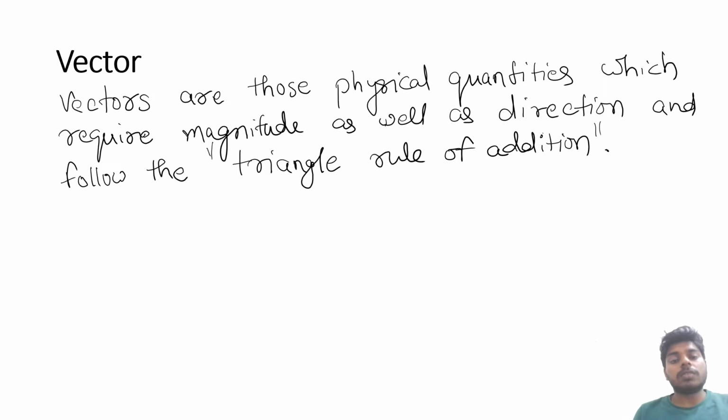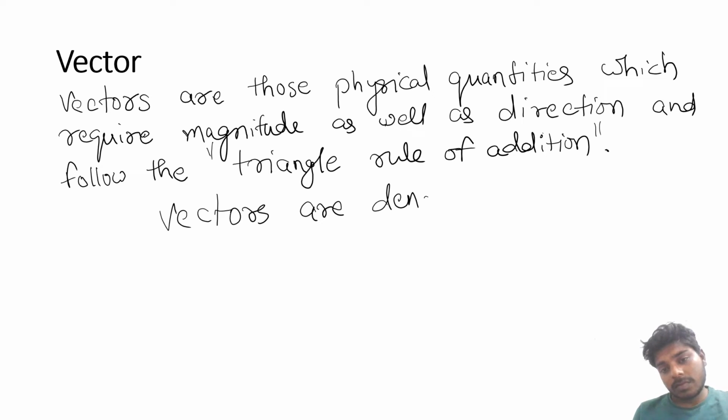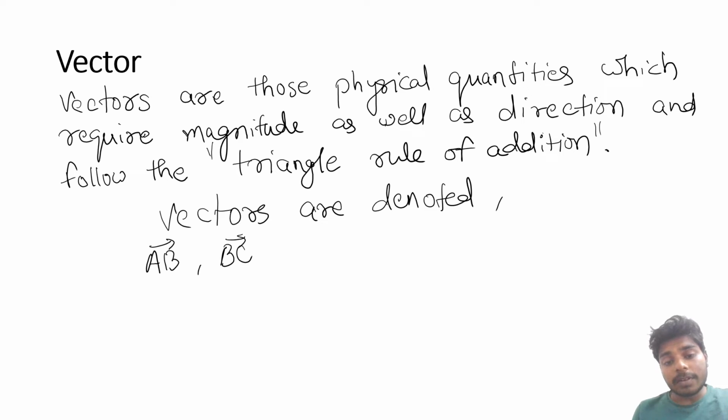And vectors are denoted like this. If we have vector AB, we have to put an arrow over it. BC we have done in one example.